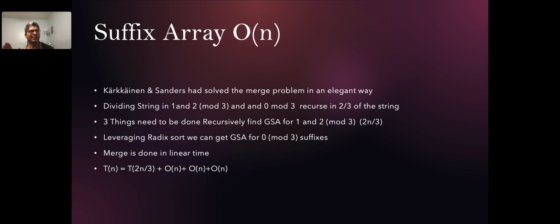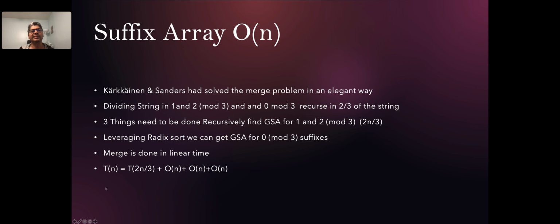I have to sort the one third: find the GSA for it, using the lexical order of the suffixes already sorted. And then I have to merge them. Imagine that I can do this, and the time recursion looks like this.